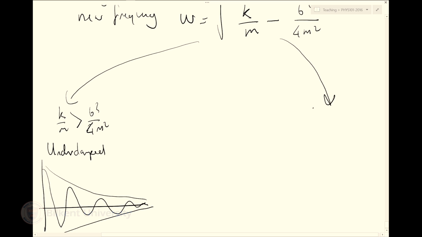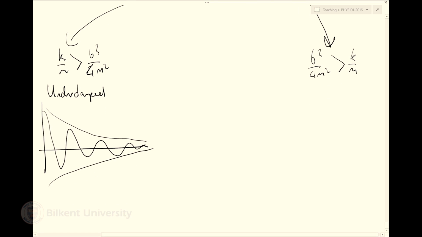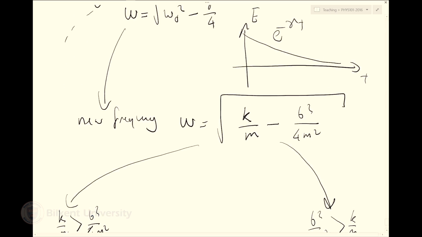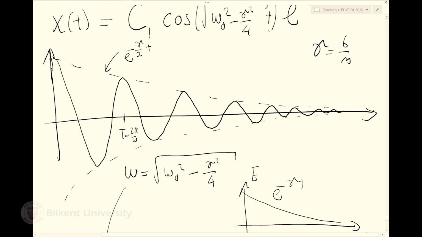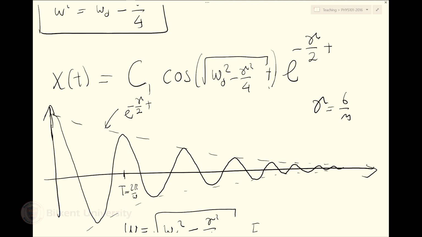If, on the other hand, b squared over 4m squared is larger than k over m, then it's really interesting. The inside of the cosine became an imaginary number. What's the cosine of an imaginary number?